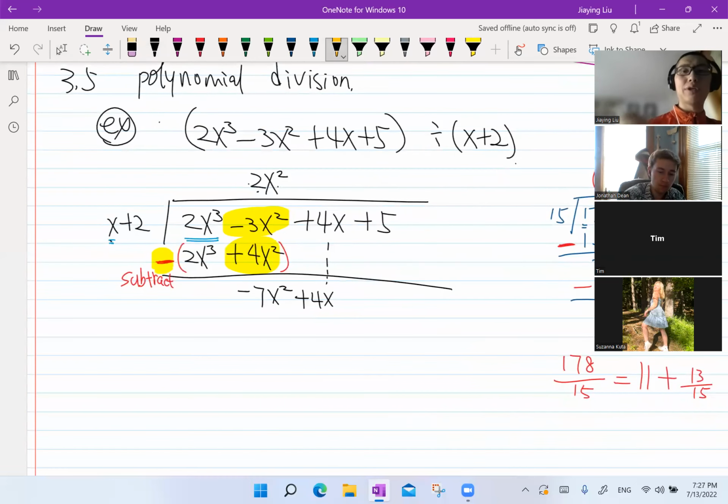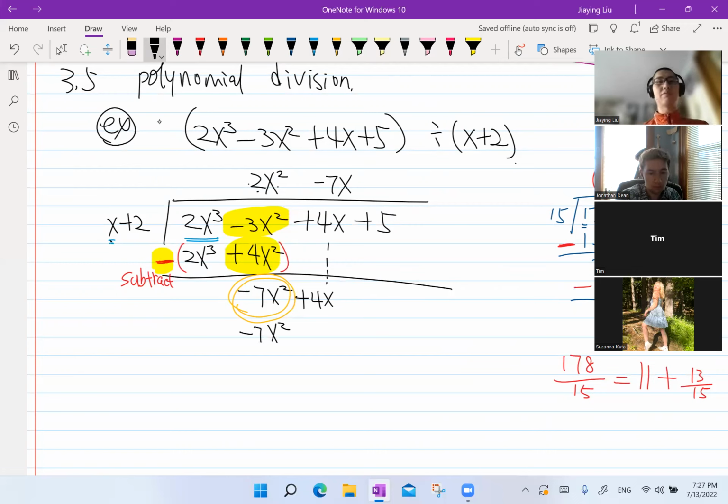And then the next thing I want to get rid of in the following step is this negative 7x squared. So I have to think, what term multiplied with x will give me negative 7x squared? The term will be negative 7x. If I take negative 7x multiplied by x, I get negative 7x squared.